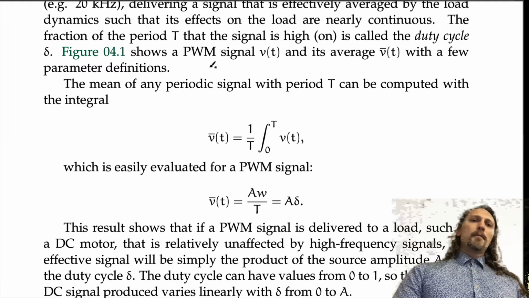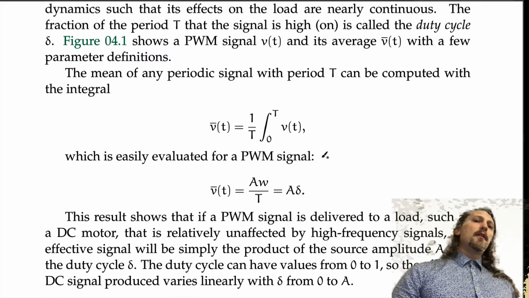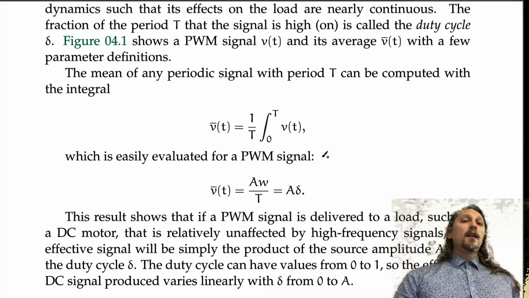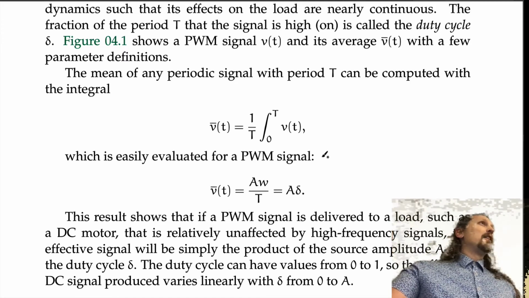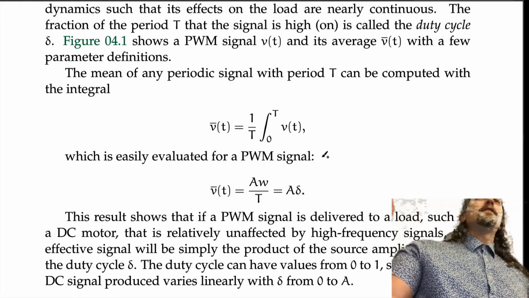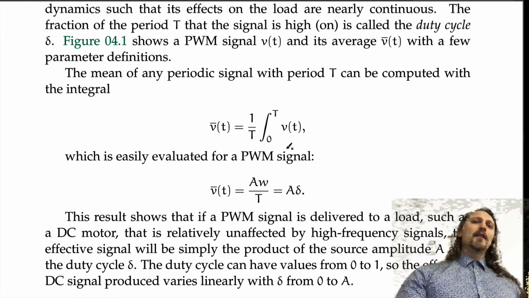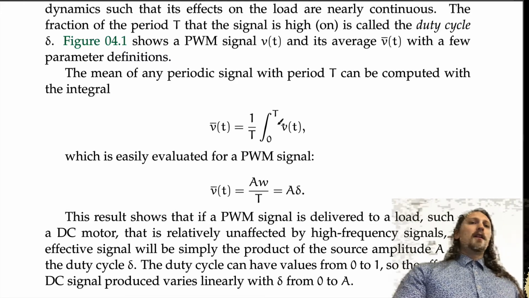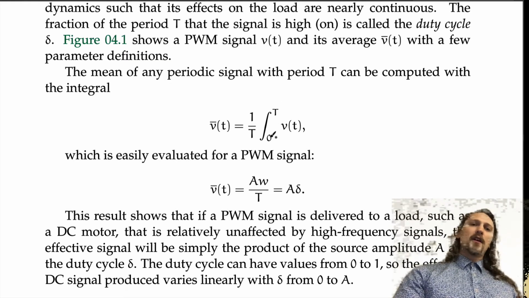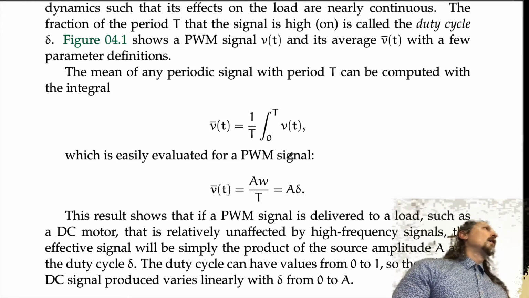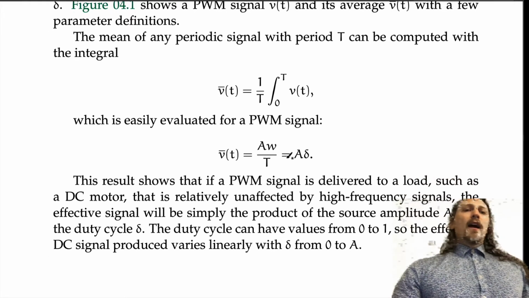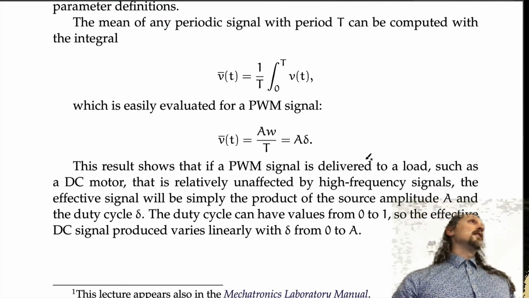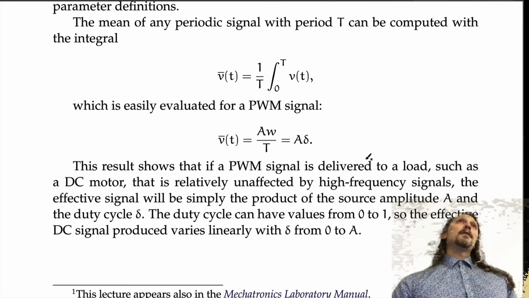So we can do that with calculus to be smarter than other people and know that, of course, the average of a signal over a period of its repetition, if it's a periodic signal, is just the integral divided by the period. And we can evaluate that for a PWM signal since it's a square wave, and we love integrating over square waves.